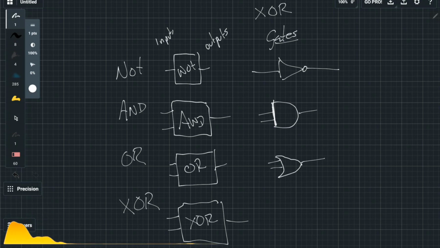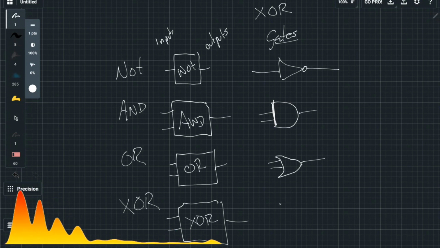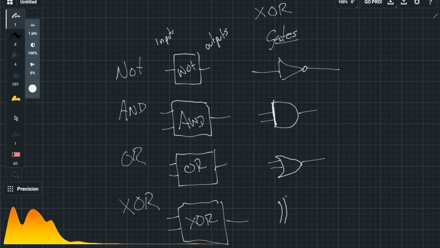Again, forgive my terrible drawing. This is an OR. And then there's an XOR, and it's kind of the same, except you've got two lines. I'm not even drawing that right. Let me try. So it looks just like an OR, except there's this kind of double line behind it.